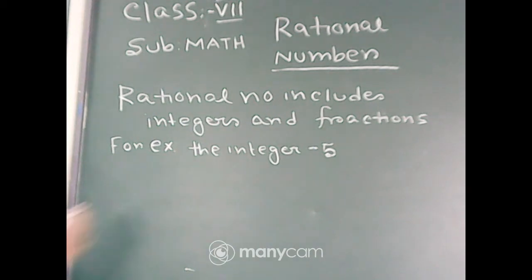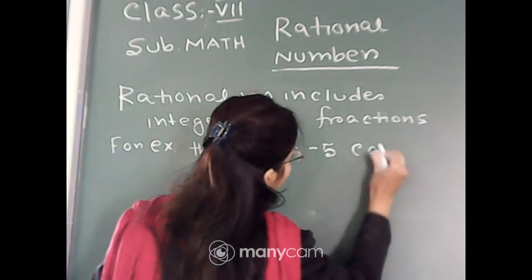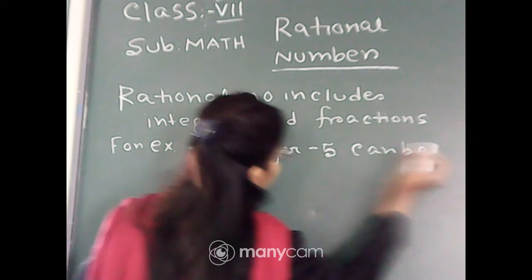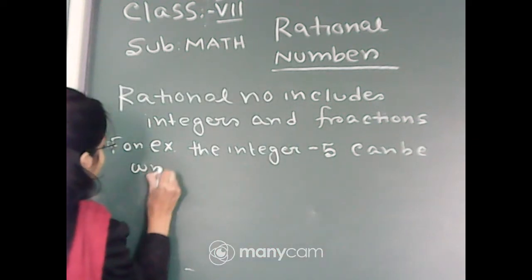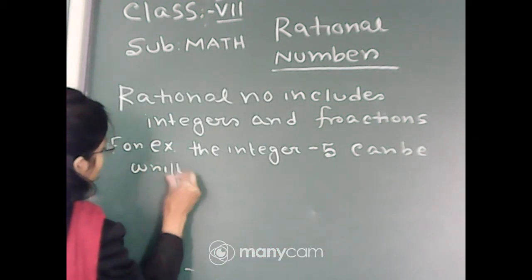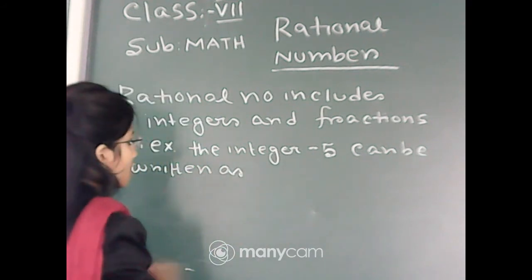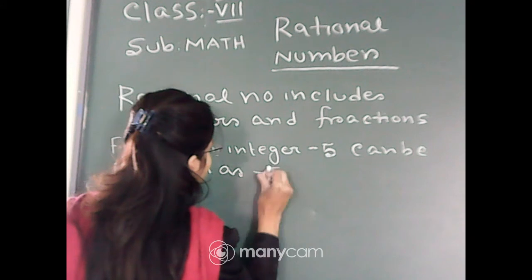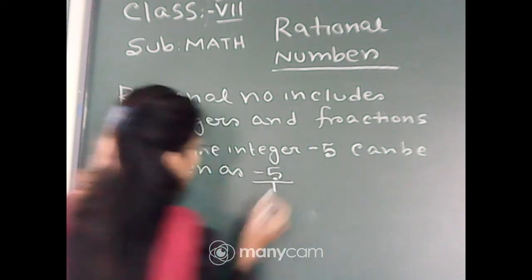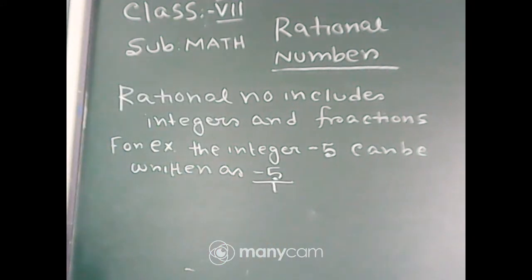The integer -5 can be written as -5 divided by 1, isn't it?